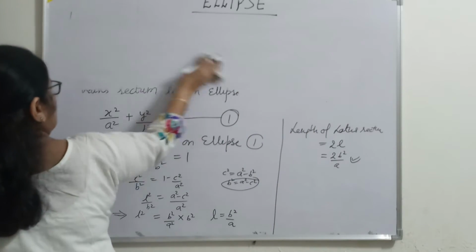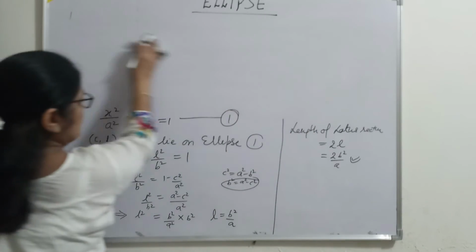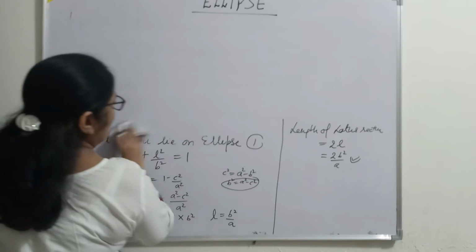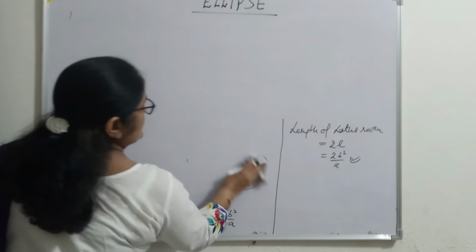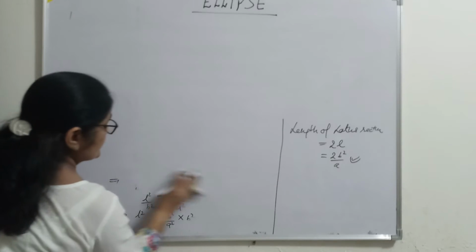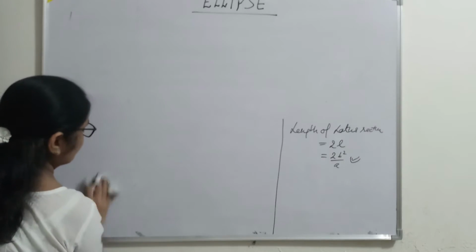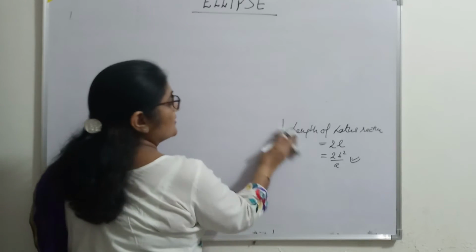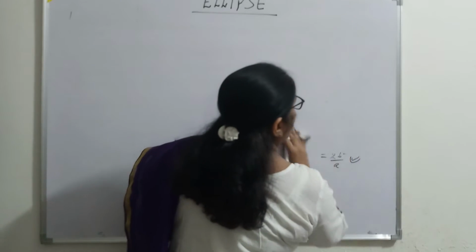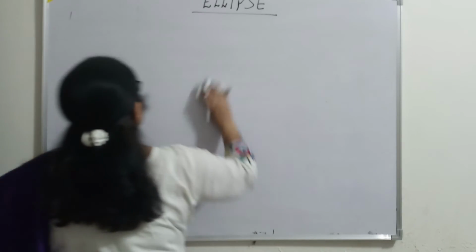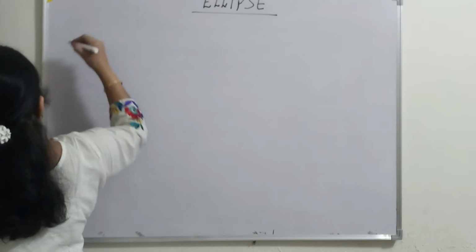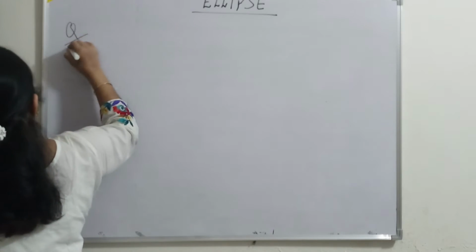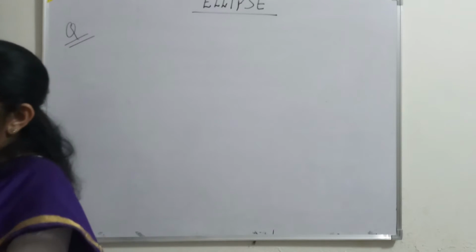First type of questions, when the equation of the ellipse is given and we have to find foci, vertices, length of latus rectum, length of major axis and length of minor axis. If the equation is given, taking question number 1 we can take.